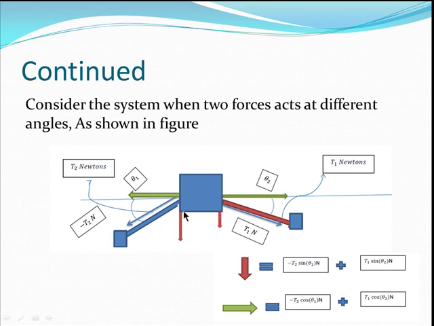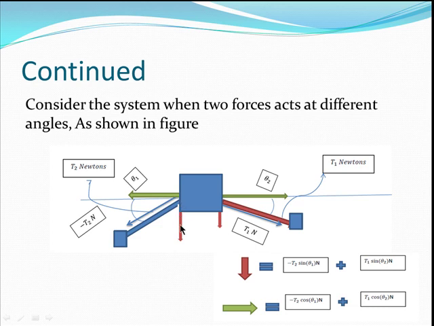Now, this setup makes two different kinds of forces: the horizontal component of forces and the vertical component of forces. So for this force T1 Newton, the y component can be calculated by T1 sine theta 2. So this component is T1 sine theta 2.